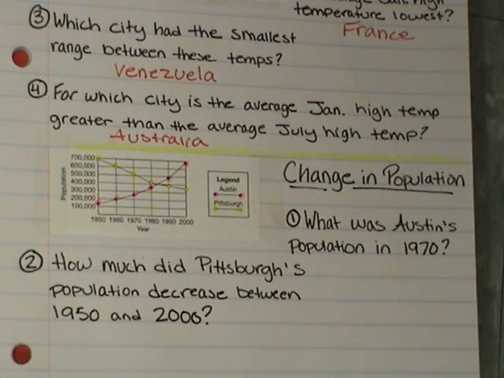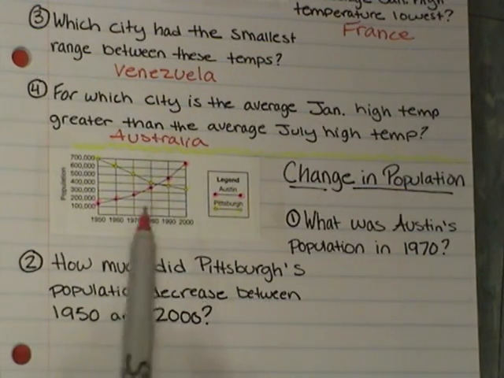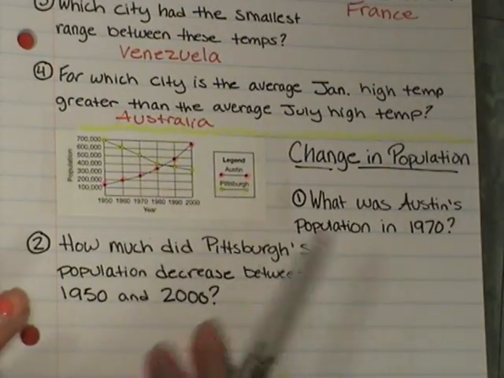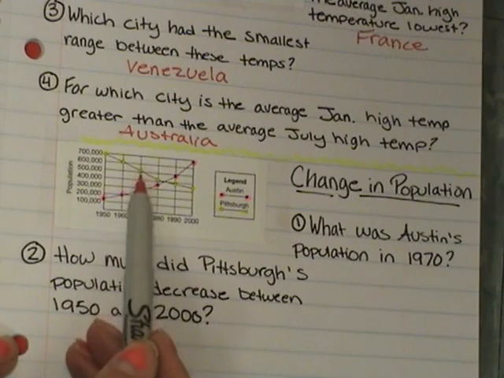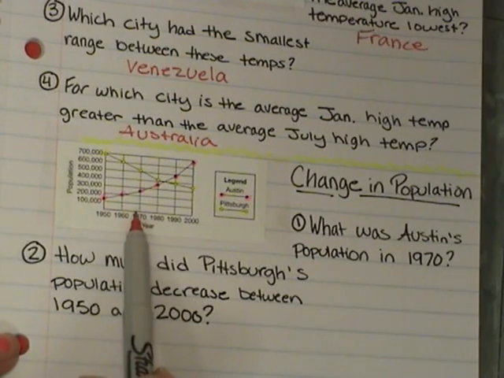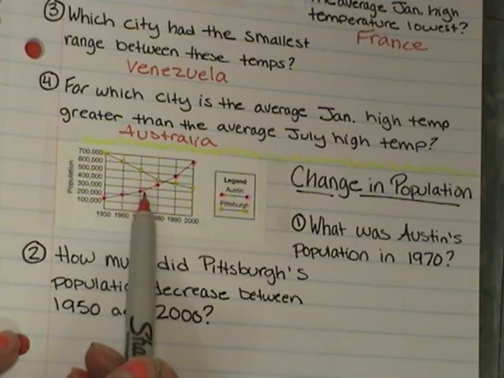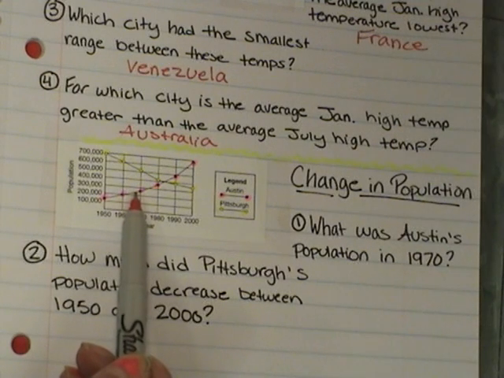So our first question says, what was Austin's population in 1970? First, I always check my date first. So I'm looking, okay, where's 1970? This line right here is 1970. Now I'm looking for Austin, which is pink. I'm going to hit right about there.